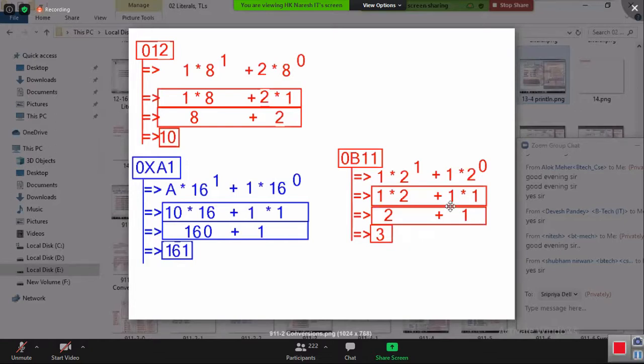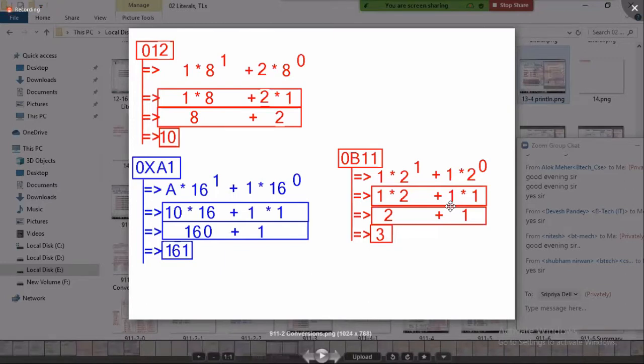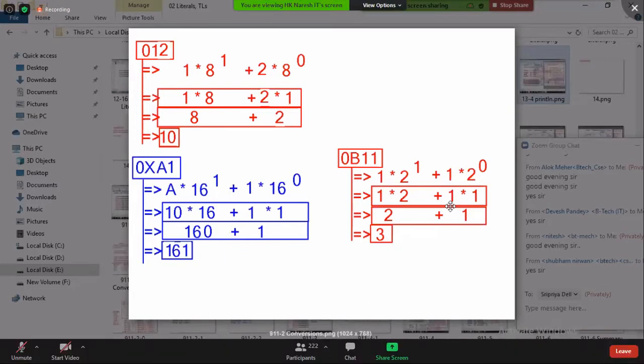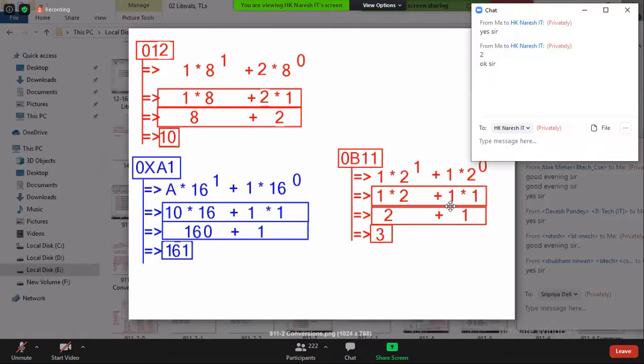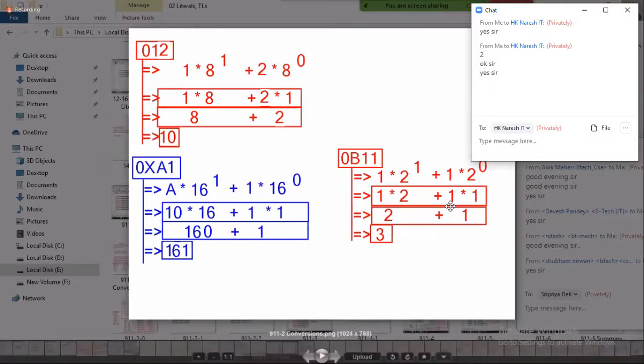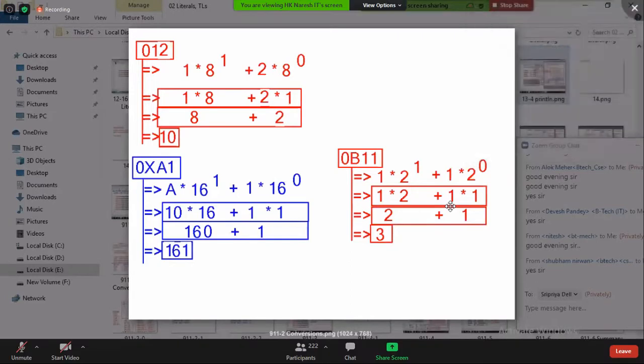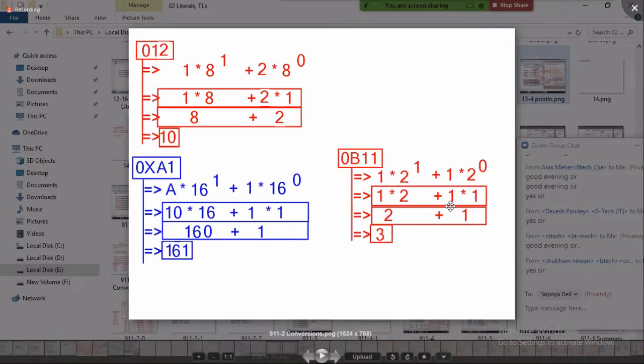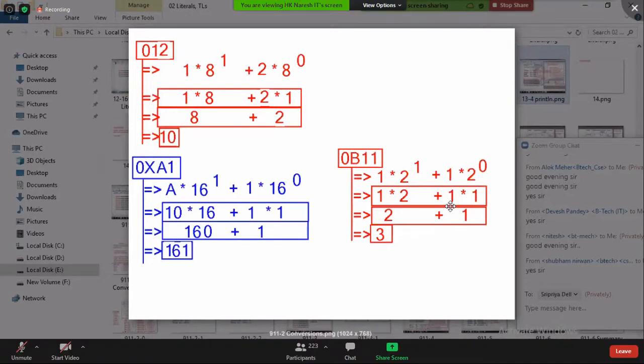So that is how to convert octal, hexadecimal and binary to decimal. Can I hope all the people got clarity?